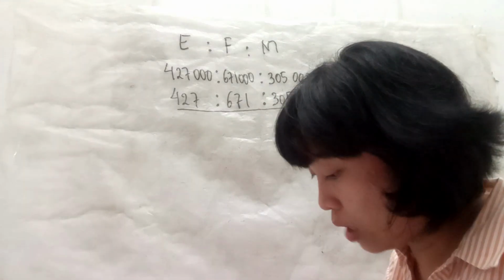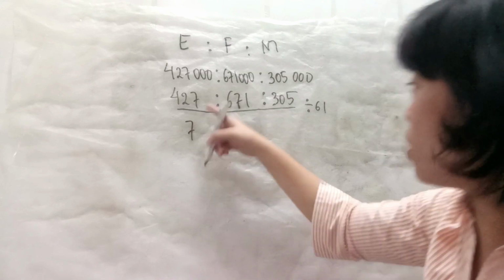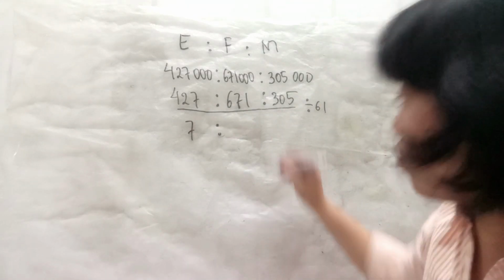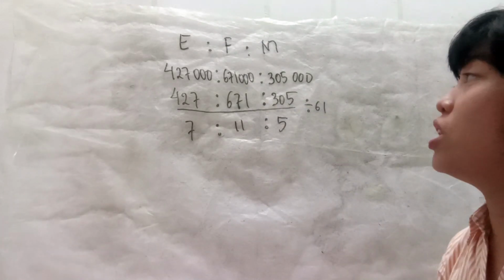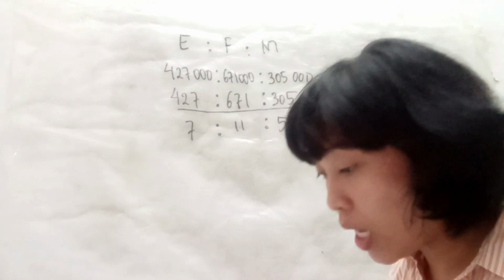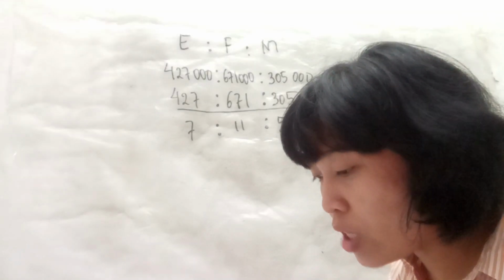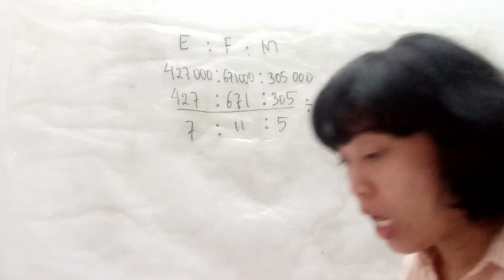So later you will get 7, 11 and 5. So this is the ratio of their investment. Then they agreed to share the profit in the ratio of their investment.